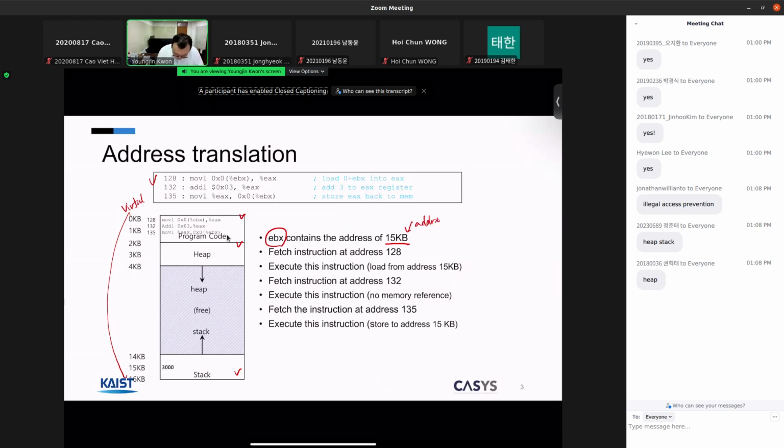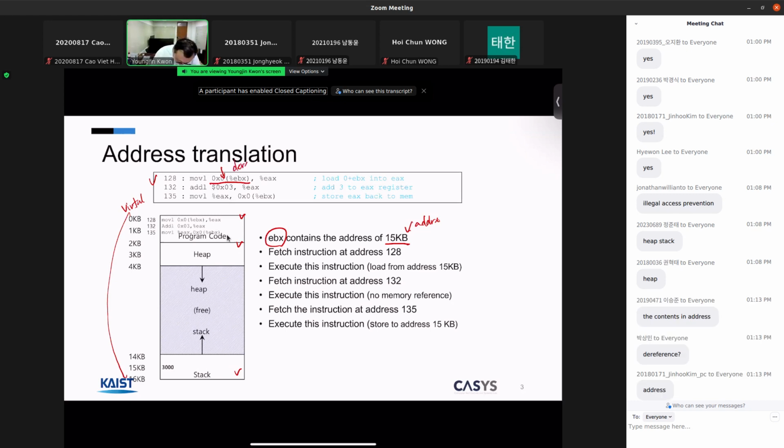Okay, so can you interpret this assembly instruction? What is the meaning of the parenthesis around the register? You learned this in the systems programming course. Okay, dereference.